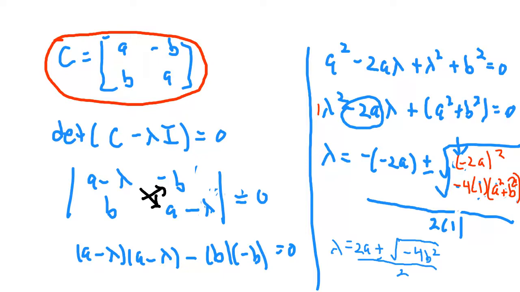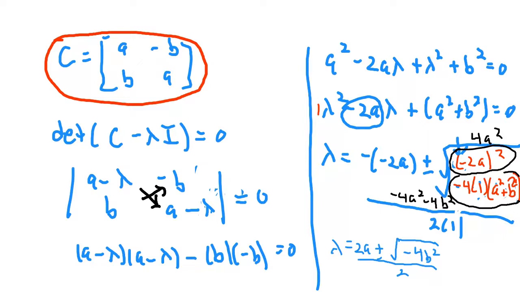Because this negative 2a squared is going to give you 4a squared, and then this part is going to give you negative 4a squared minus 4b squared.